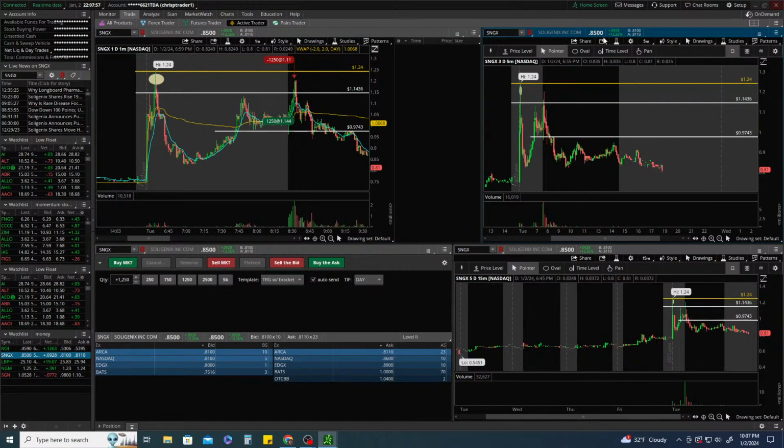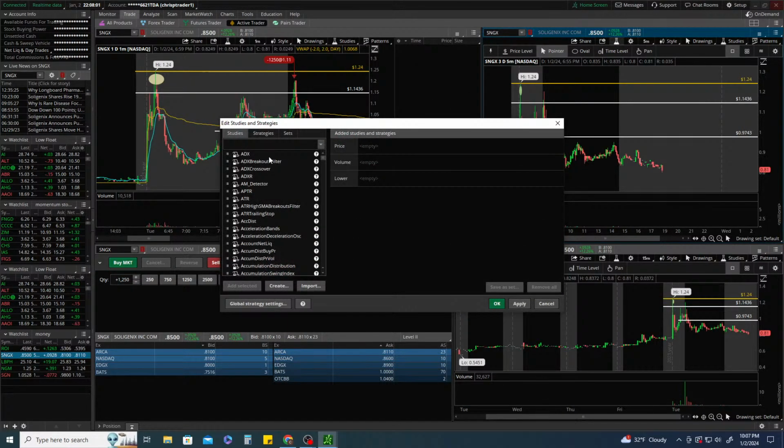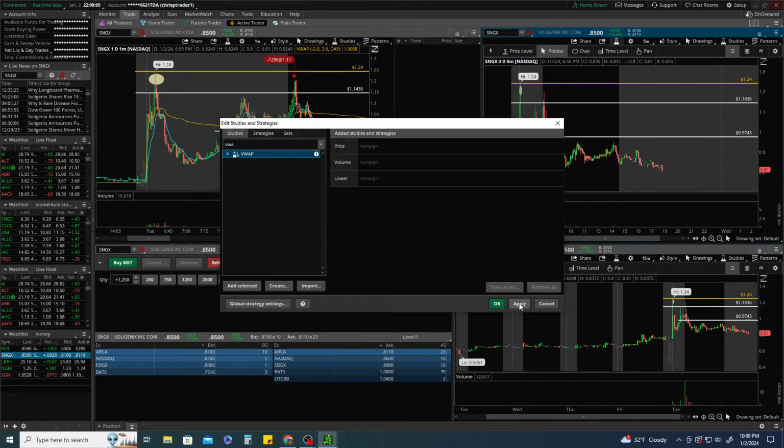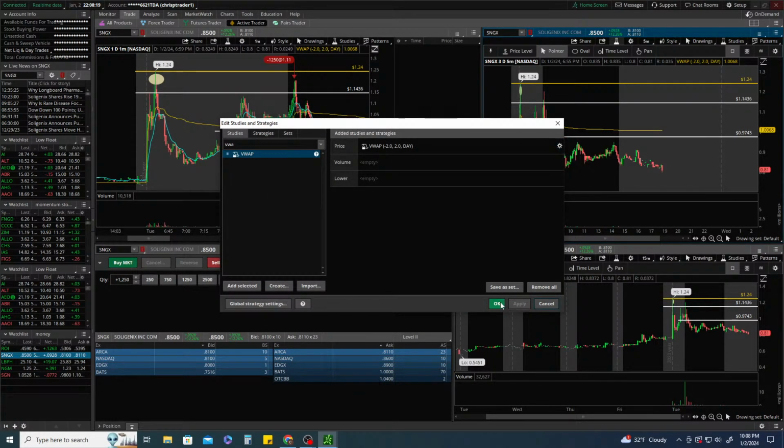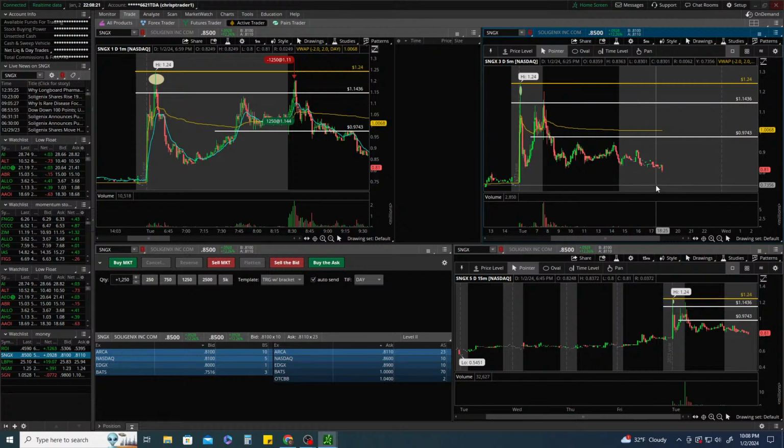But I don't have another chart, so we're gonna put it on, I guess, and see how that works. So we're gonna put the VWAP, add. I just have to take these off right here. The VWAP always had a yellow. Apply. And then we have to put the 9 EMA here as well.